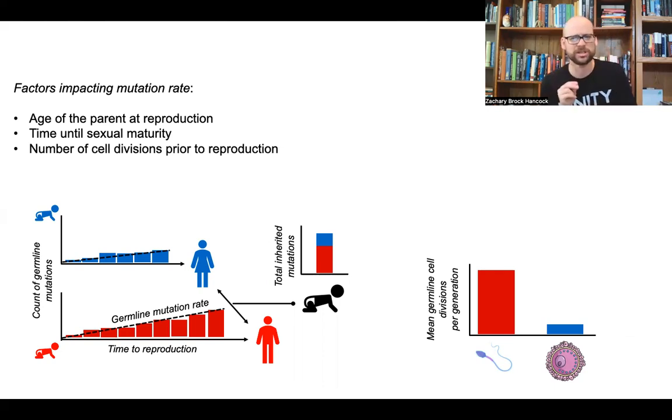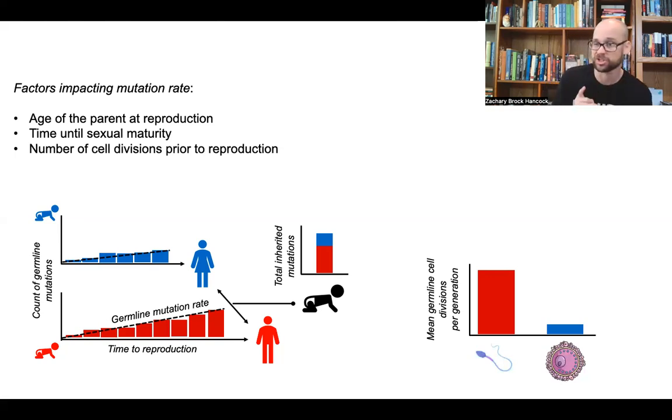Secondly, there could be some difference in the ages of the parents themselves. If males, for example, take longer to sexually mature on average than females, then males could be contributing more mutations per generation than females. That's one particular cause of bias, but it's not the most explanatory.